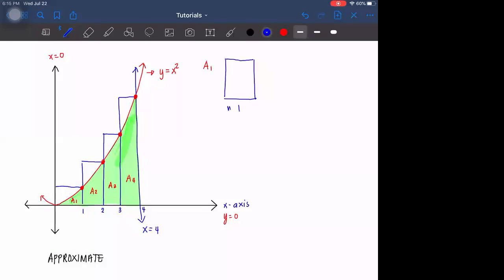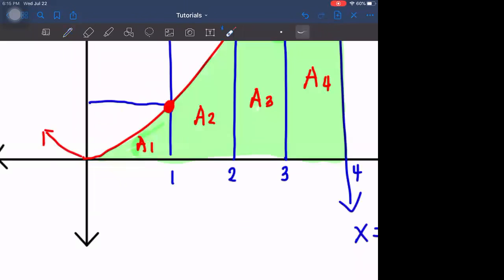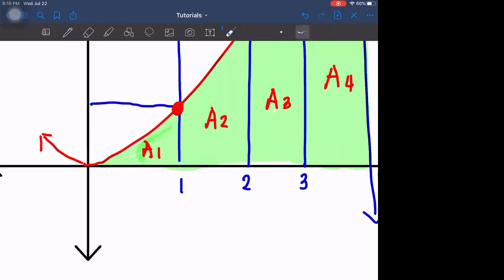What is the height of the rectangle? What is the equation of this curve? y equals x squared.